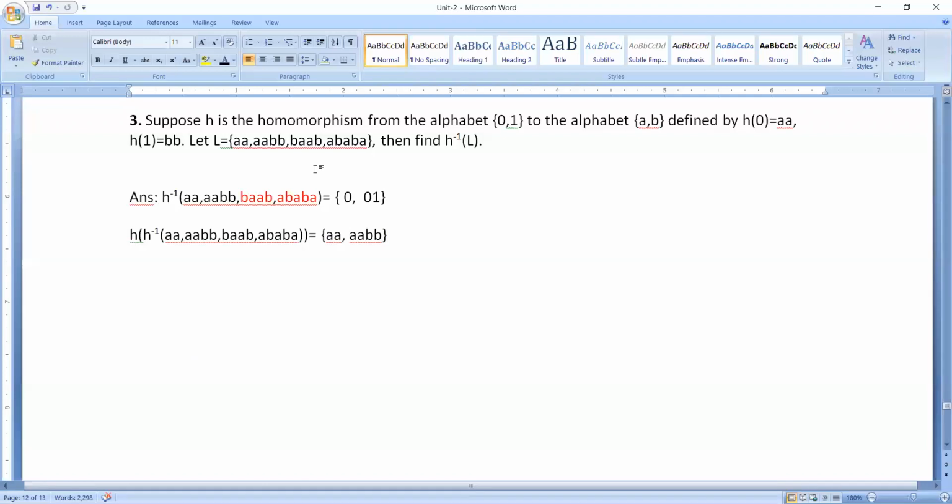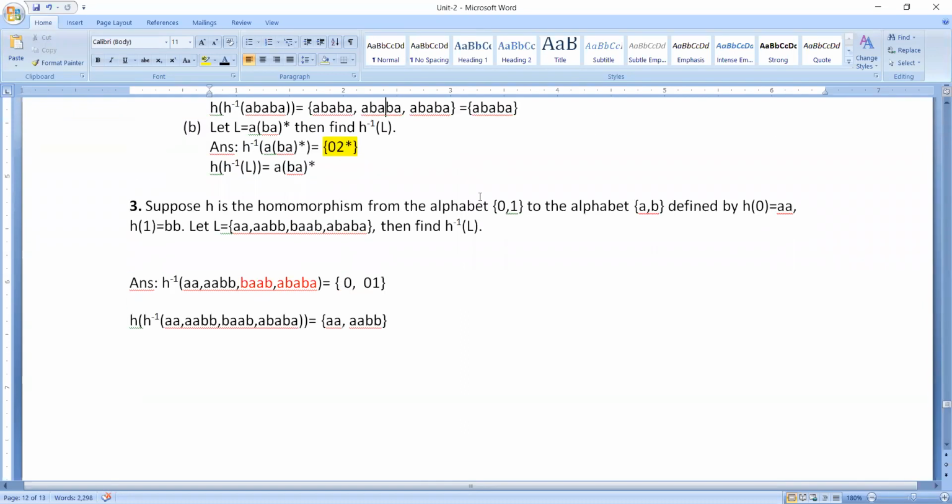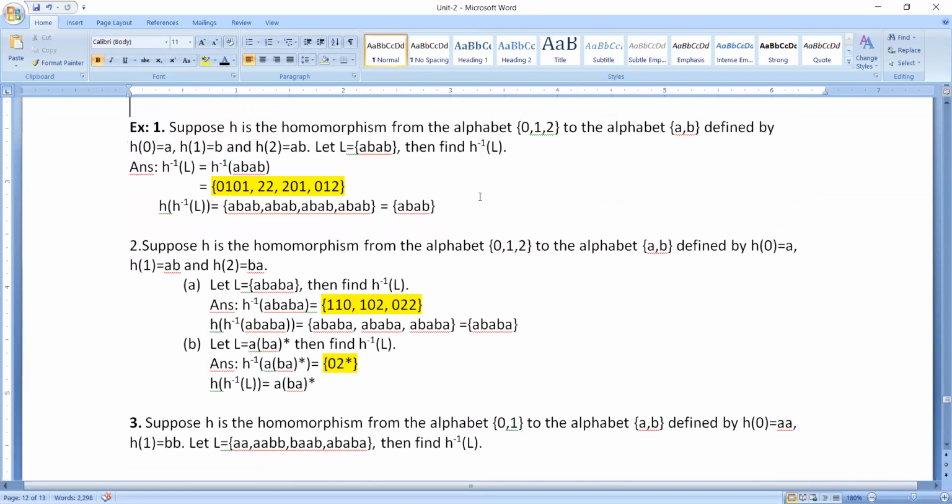So sometimes it is also possible that after applying the inverse homomorphism function, it is going to result in some language which is a subset of your original language. But in our earlier cases, whatever examples we have taken, after applying the inverse homomorphism function, it is resulting in a language which is the same as our original language.